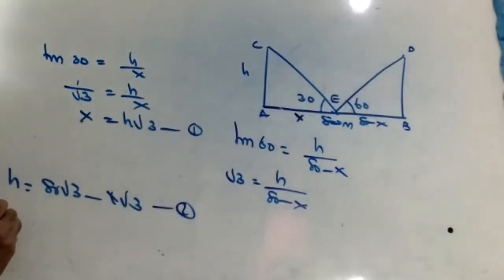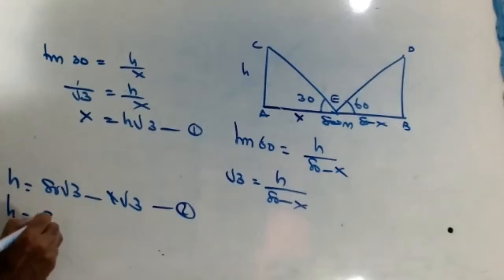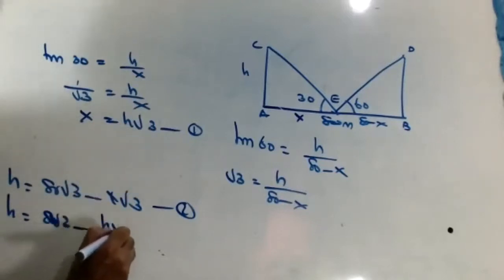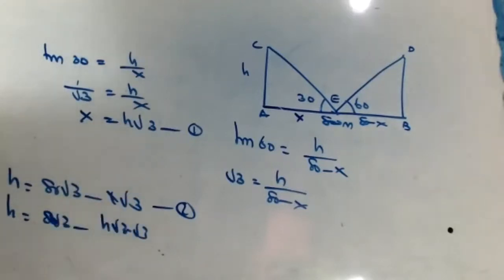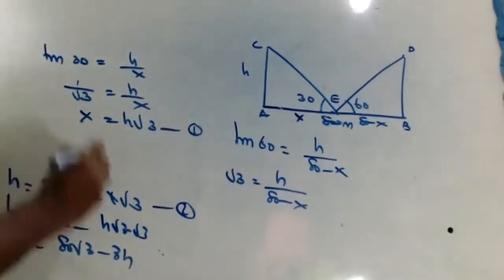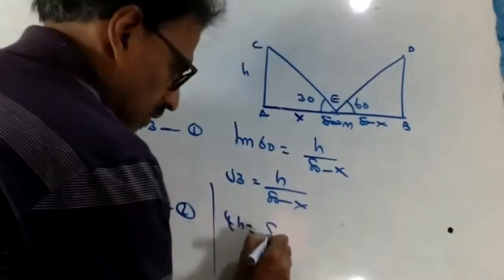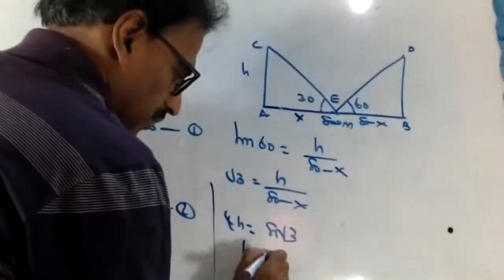H equals 80 root 3 minus H root 3 into root 3. So H equals 80 root 3 minus 3H. It's coming here. Okay, 4H equals 80 root 3. So H equals 20 root 3.